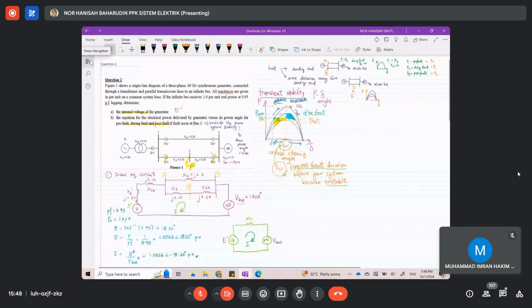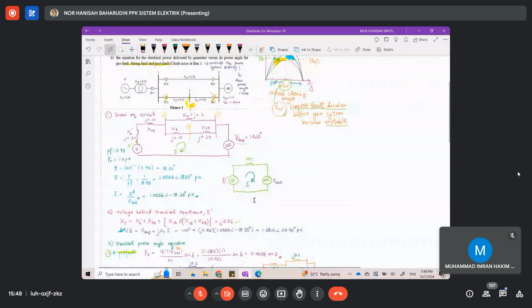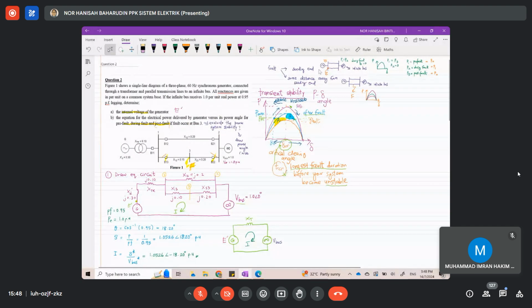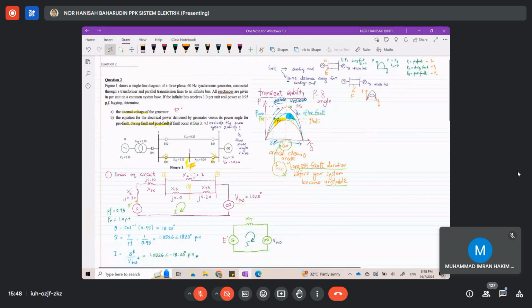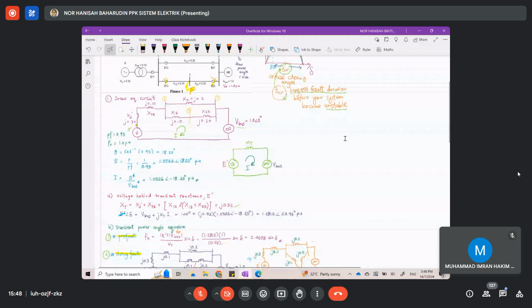For example, this kind of question, student: what happens if I have a fault at sending end here? For this kind of question, if I have a fault at sending end, so what is my XT? What is my XT, student?